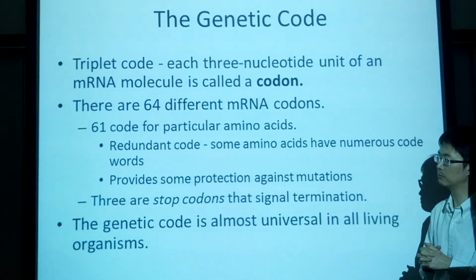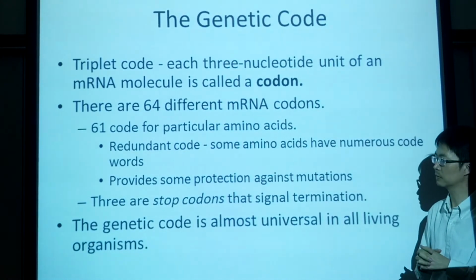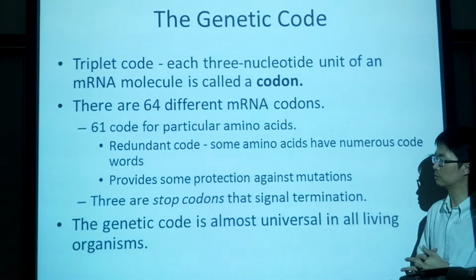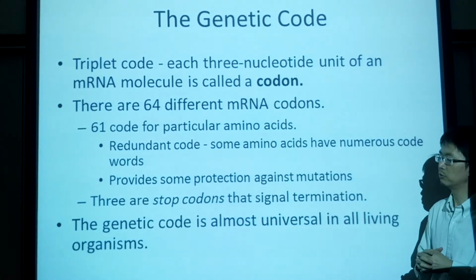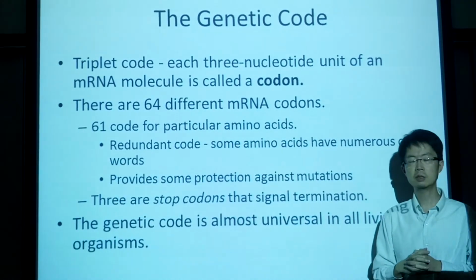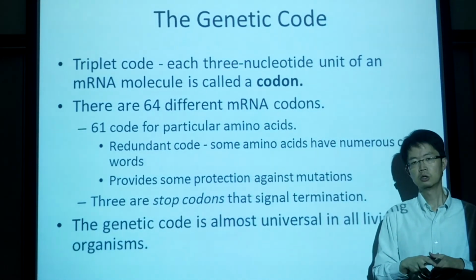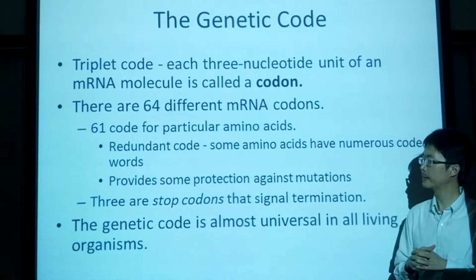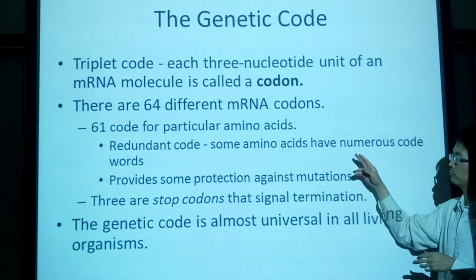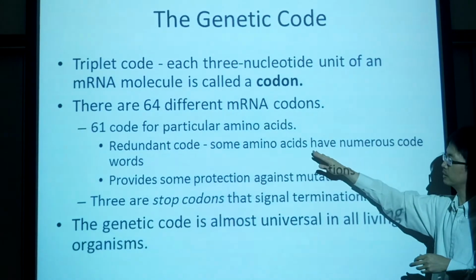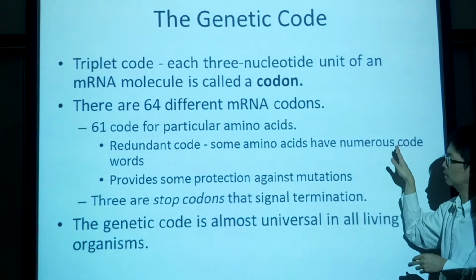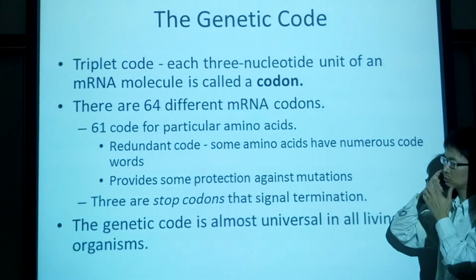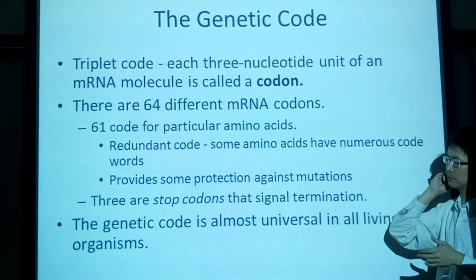About 61 of them code for amino acid. Therefore, there are some redundant codes. Remember, in the human body, we require 20 amino acids. And then we have some redundant code. That means some amino acids have more than one codon to code for the same amino acid.